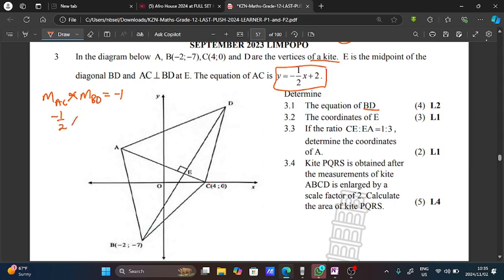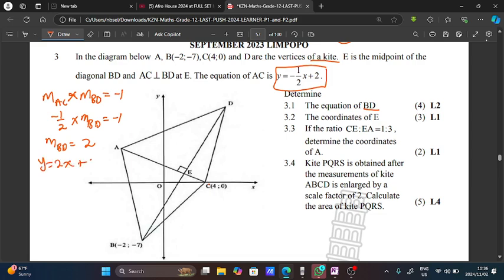Negative 1 over 2, multiplied by the gradient of BD equals negative 1. So the gradient of BD equals positive 2. So now we have the gradient of BD.